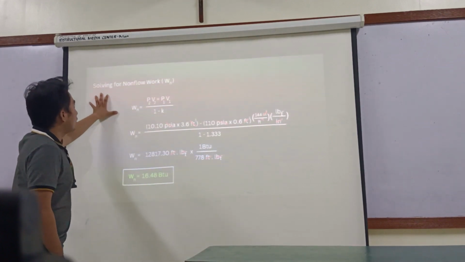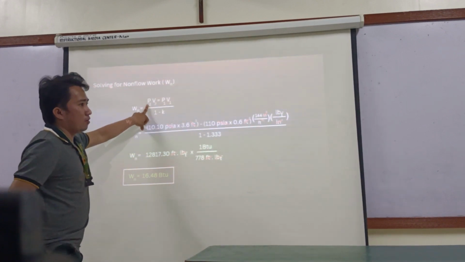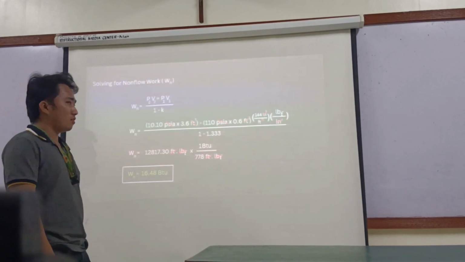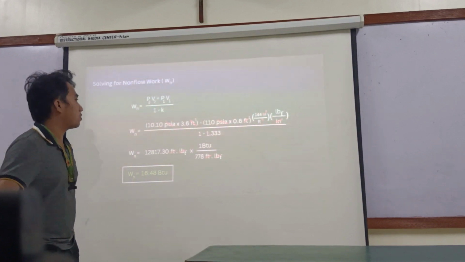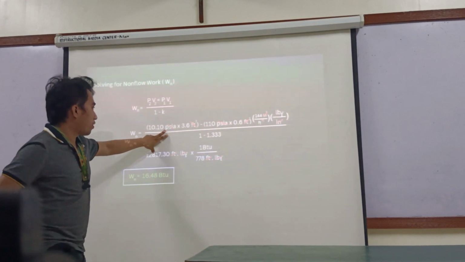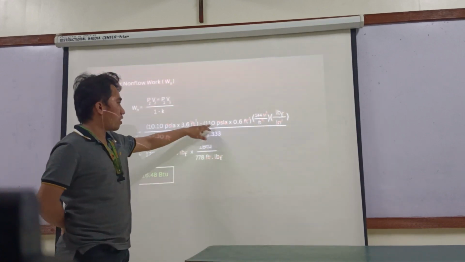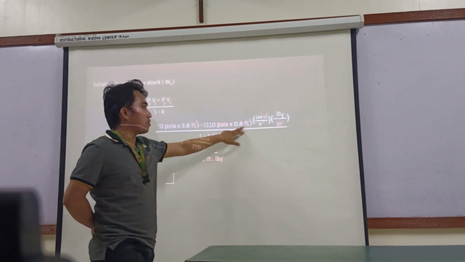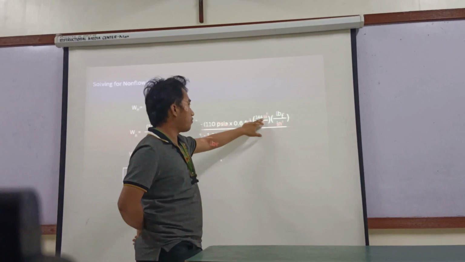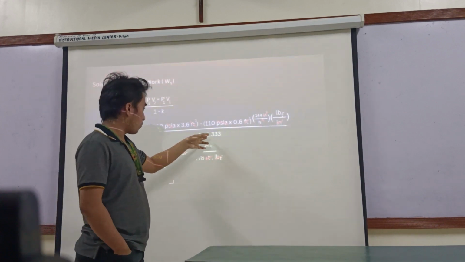So solving for the non-flow work, work non-flow is equal to final pressure times final volume minus initial pressure times initial volume over 1 minus K. So substitute the given values. 10.10 pounds per square inch absolute times 3.6 cubic feet minus 110 pounds per square inch absolute times 0.6 cubic feet, times in every square foot there is 144 square inch, and so over 1 minus 1.333.